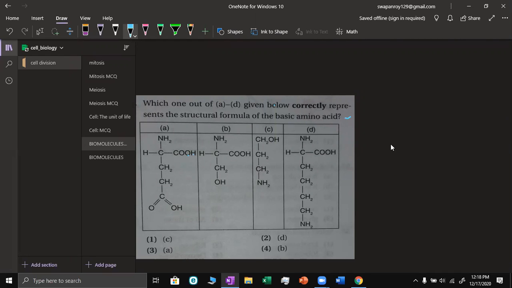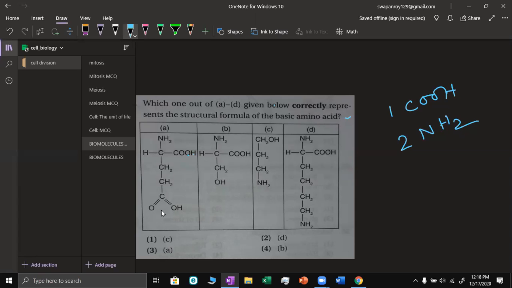In the basic amino acid, what will be there? One carboxylic group and more than one amino group. Which one?